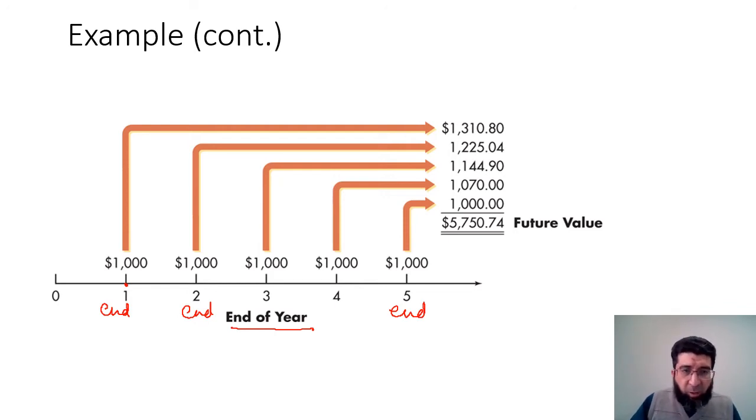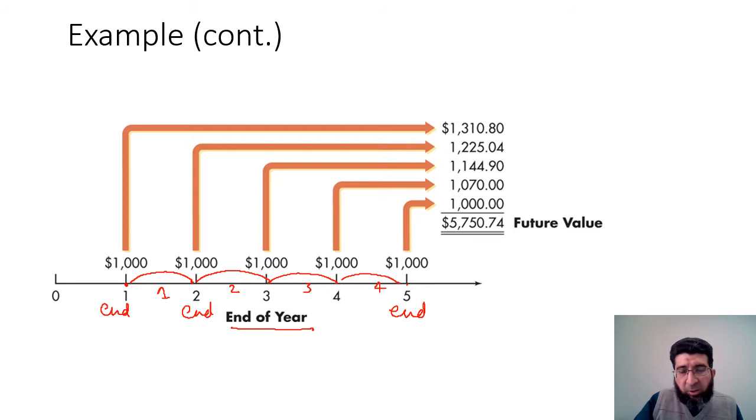So we invested $1000 at the end of year 1. Now, how many times did it remain invested? It remained invested for 1 year, then another year, then another year, and then another year. So that's 4 years. And after this, we don't invest anymore.